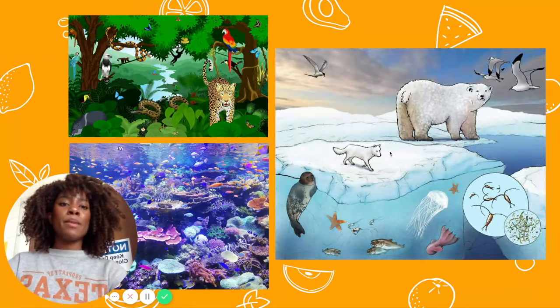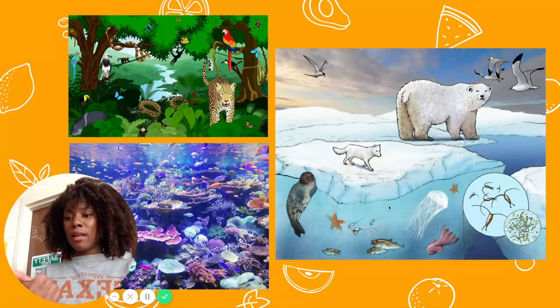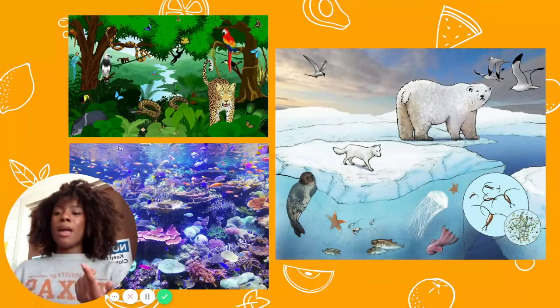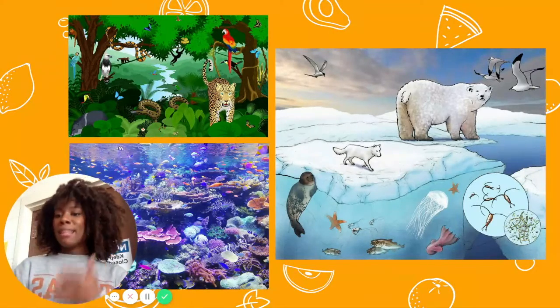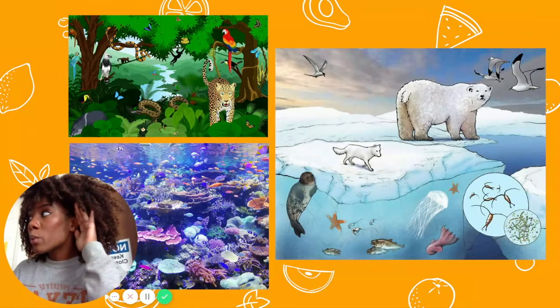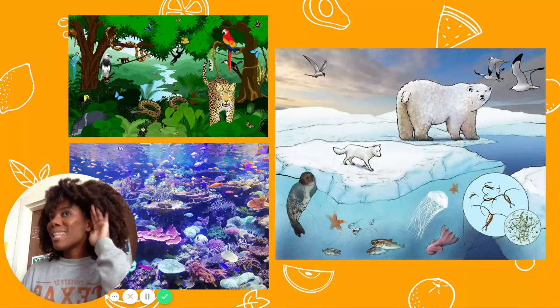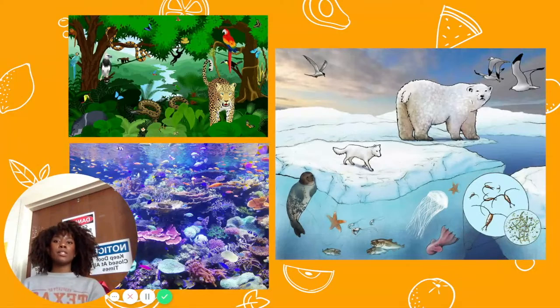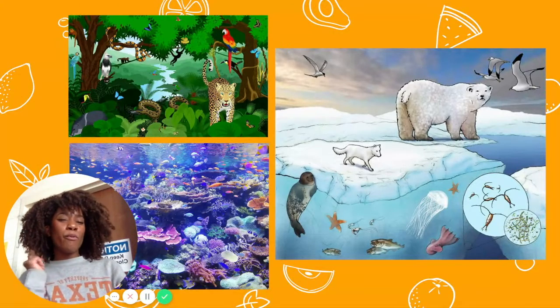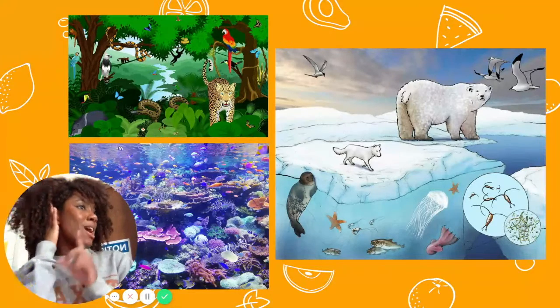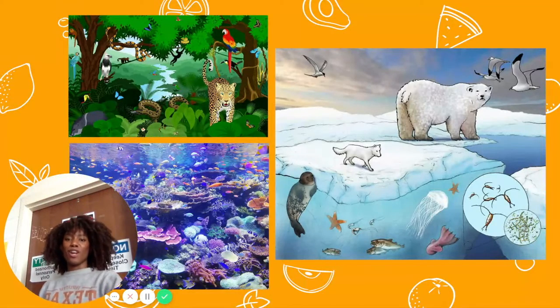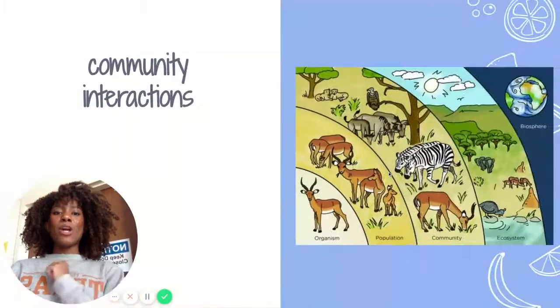Because every environment, every ecosystem is made up of living things like you and I, and non-living things like rocks, right? And we learned about the word for living things. What's the word for living things? Yes, biotic factors. What about the term for non-living things? Abiotic. Yes, good job.